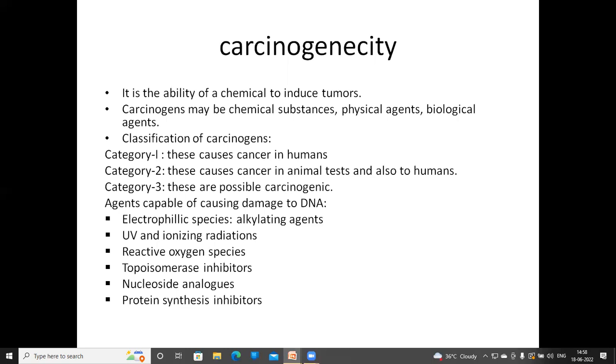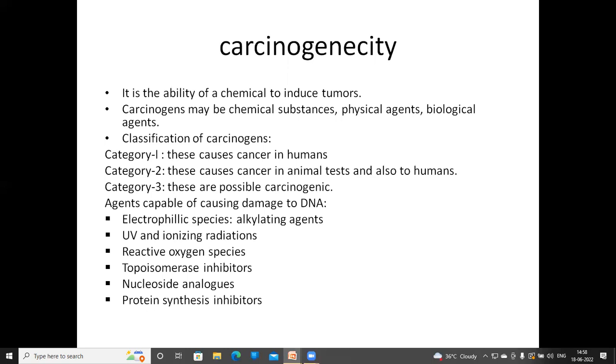When you consider the classification of carcinogens, there are mainly 3 categories. The first category mainly affects humans. The second category causes cancer in animals and also in humans. The third category does not cause cancer exactly, but has a possibility of causing cancer.